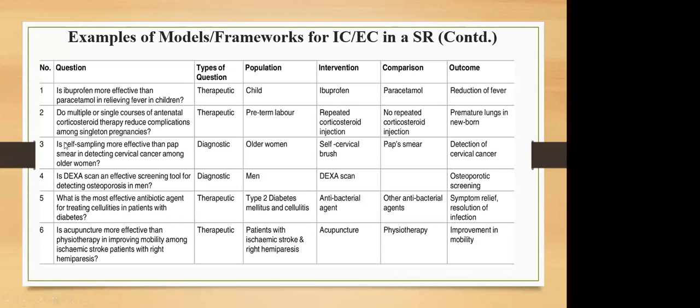So we keep going. These are also research problems and questions. And this is how we can use the PICO model to formulate the inclusion and exclusion criteria. So I will share the slides with us along the line too, so that we can take a more critical look at it. So, all right, let me move on.